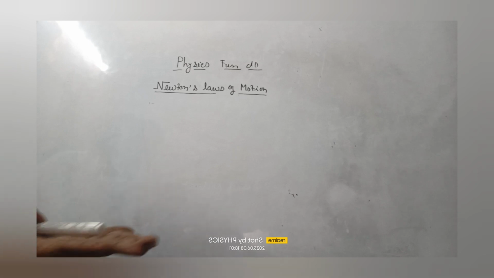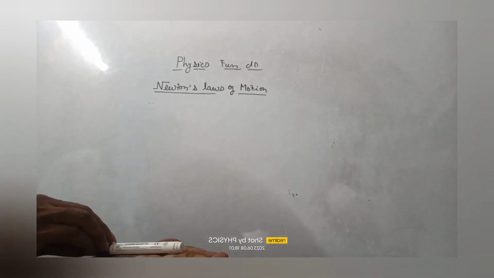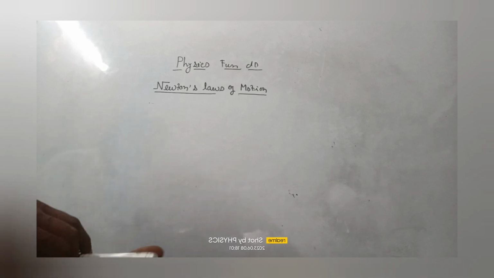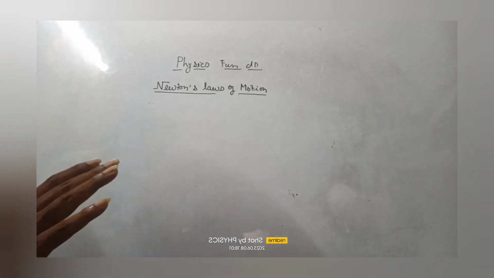The marker moves with uniform velocity in a straight line, unless compelled by an external force to change that state. But if there is no external force, it continues its rest or its uniform motion along the straight line. That was Newton's first law of motion.